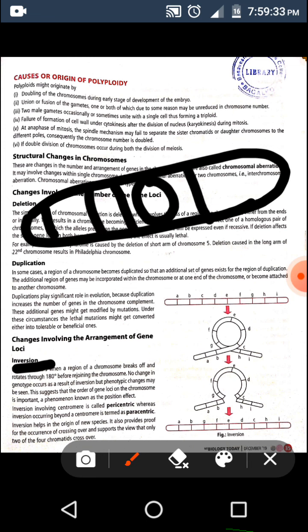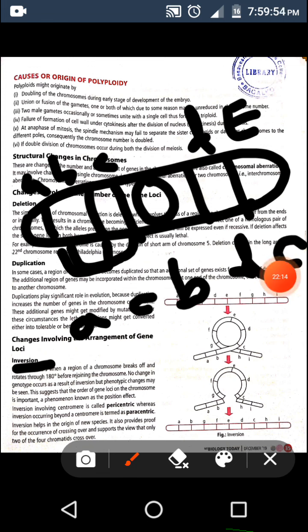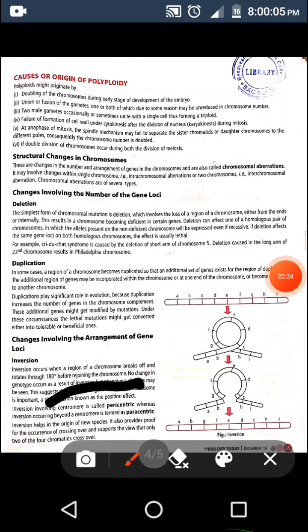Here you are seeing this portion of the segment has broken off, then it gets rearranged this way, A C B D E. It means a part of the chromosome rotates around 180 degrees and rejoins the chromosome. So in this way the inversion also results in a structural change of a chromosome.